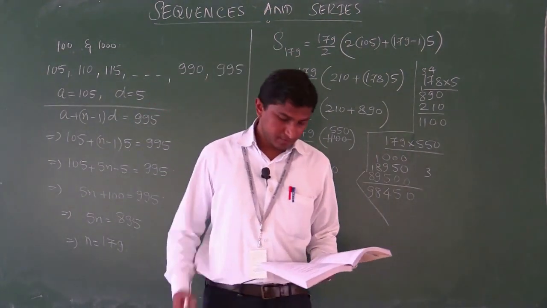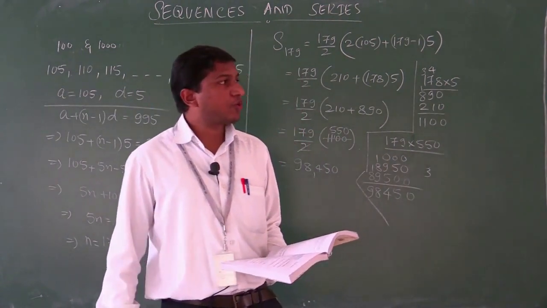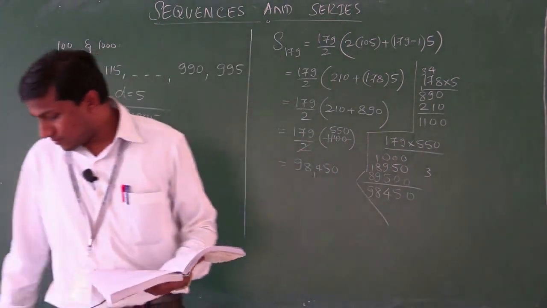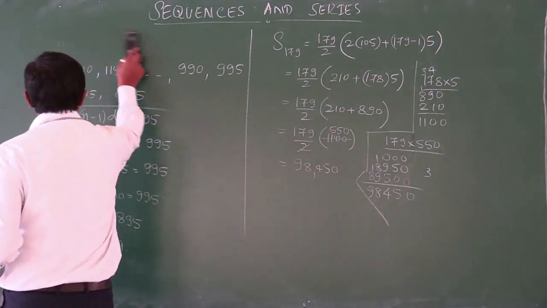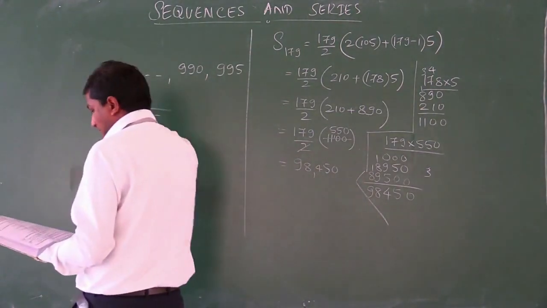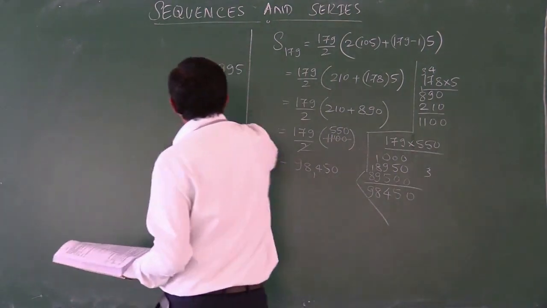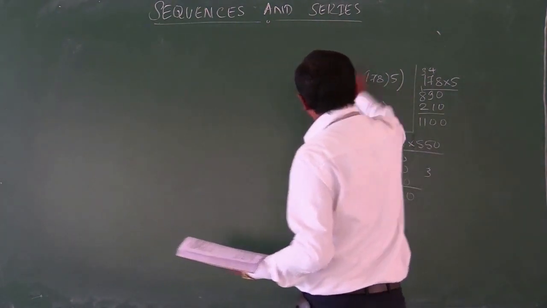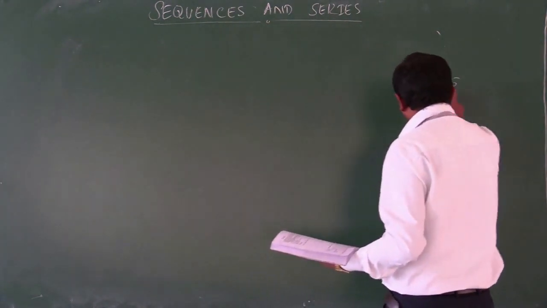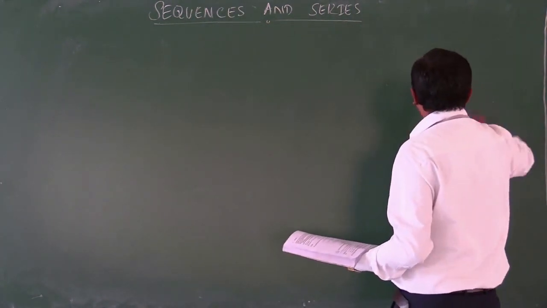Full stop. Next sentence. Show that the 20th term is minus 112.